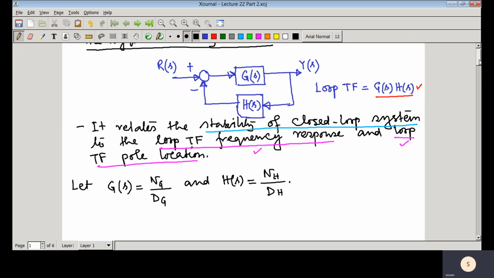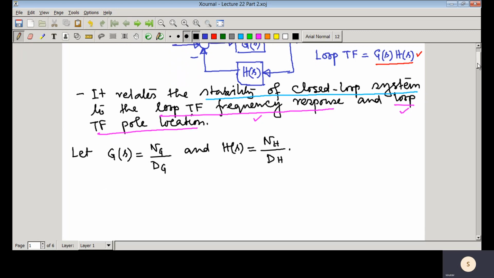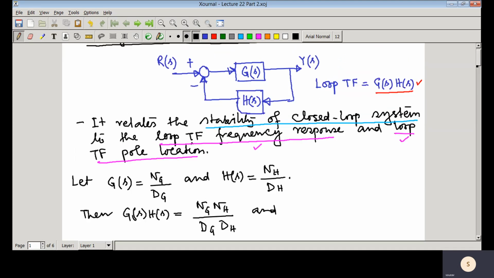Then what would be the loop transfer function? G(s)H(s) would be NG NH divided by DG DH. And what is the characteristic polynomial for this closed loop system?